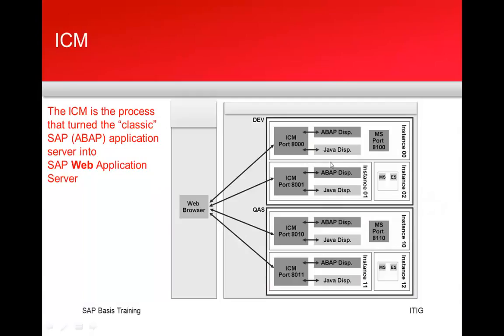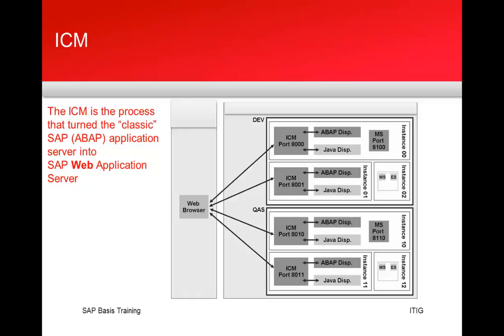Here in this slide it is showing how external users, using a web browser, are connecting to ICM. This ICM in turn is connecting to the ABAP dispatcher or the Java dispatcher, which connects through to the processes.